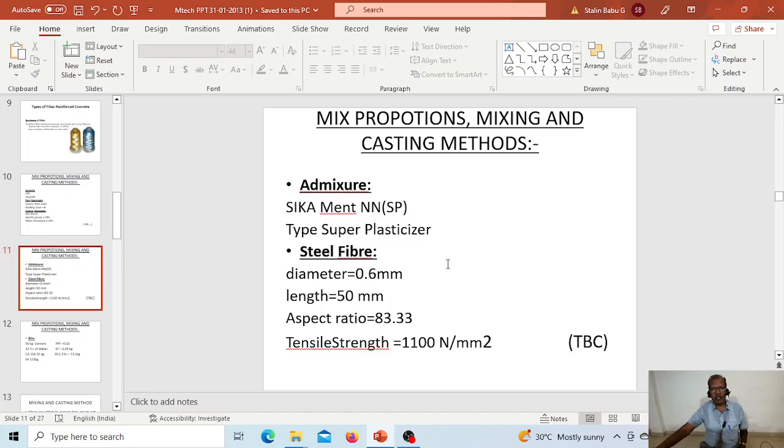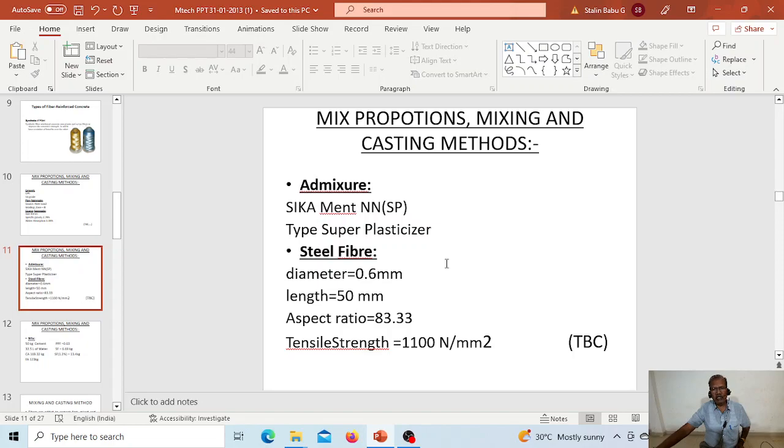Steel fibers diameter is 0.6 and length is 50 mm, and aspect ratio L by D is 83.33. L by D ratio is the aspect ratio, I will explain in the factors affecting fiber reinforced concrete.